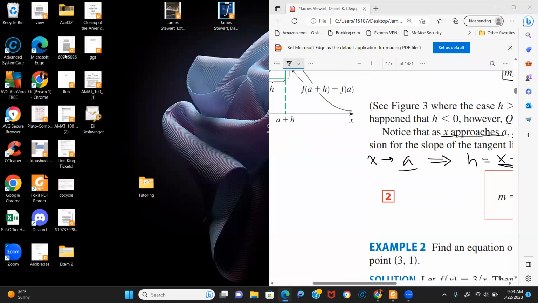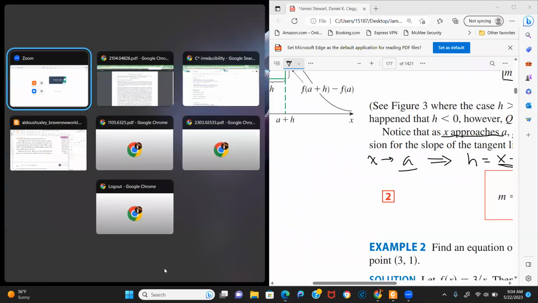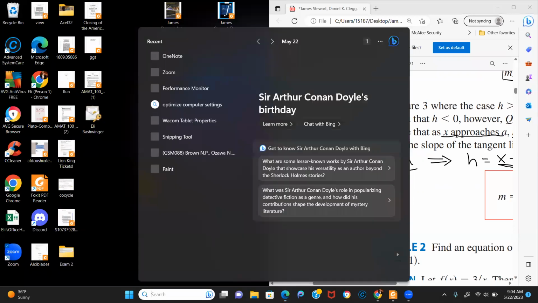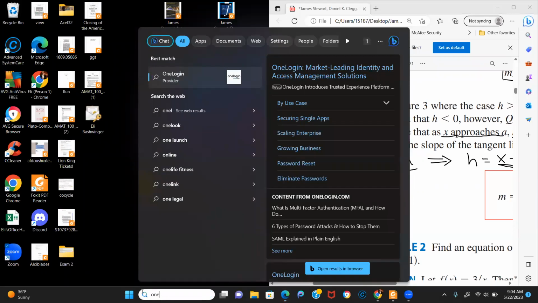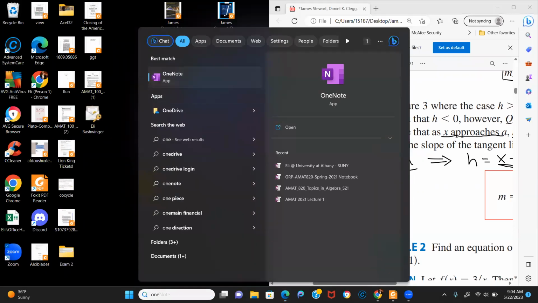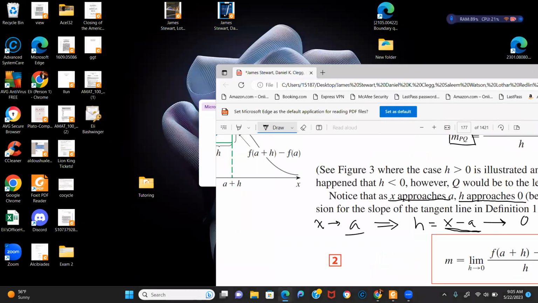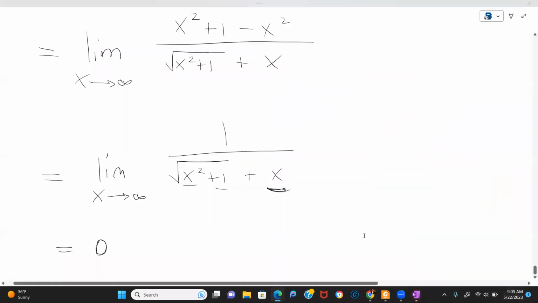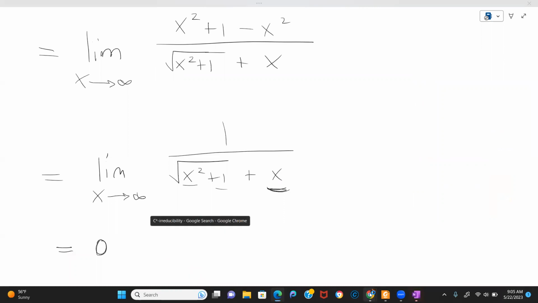All right, so let me open up OneNote and we can look at this example right here. It's not OneNote. So I'll work through this example in OneNote. Actually, let me close these windows right here.